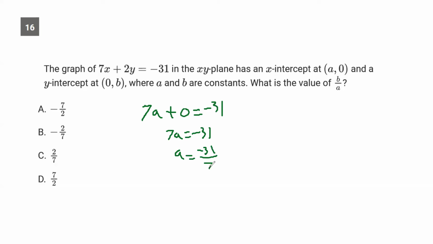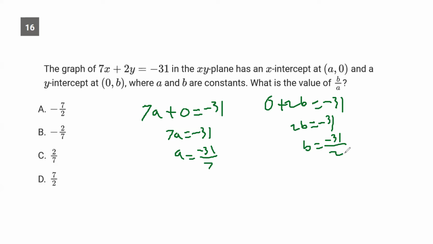And then we'll do the same thing for b. 0 plus 2b equals negative 31. 2b equals negative 31. B equals negative 31 over 2.